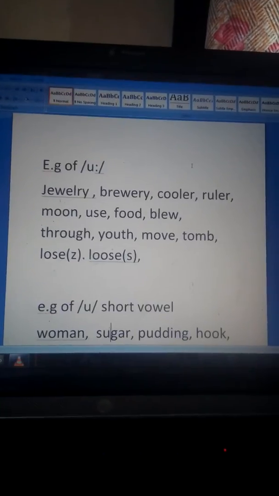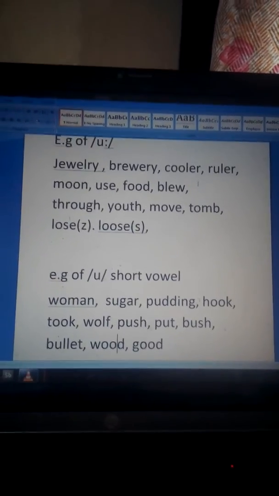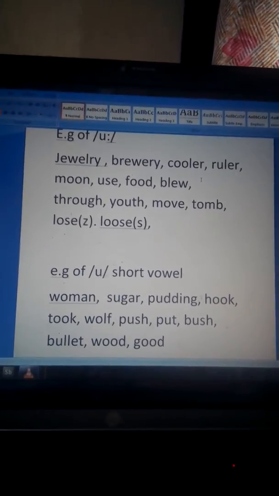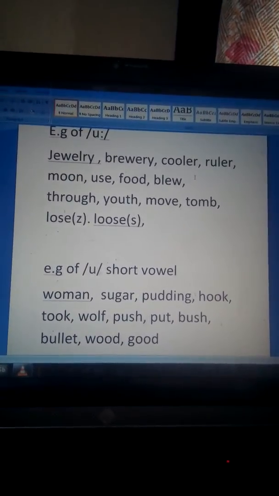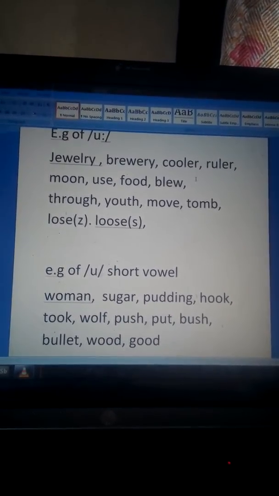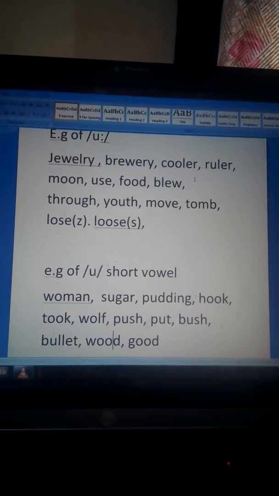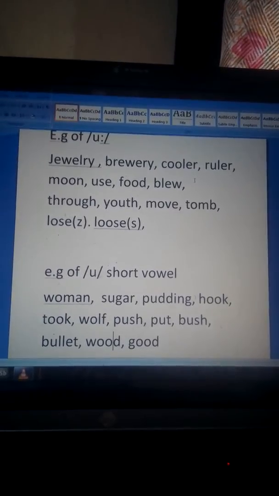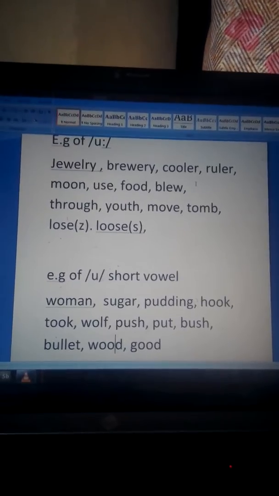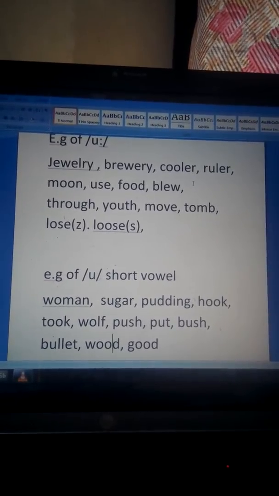Okay, so now I'm going to just look at a few examples of the long vowel oo sound. A few of the examples I've got here, we have jewelry, not joolry, whatever people call it, it's jewelry. Then we have brewery, not brewry.